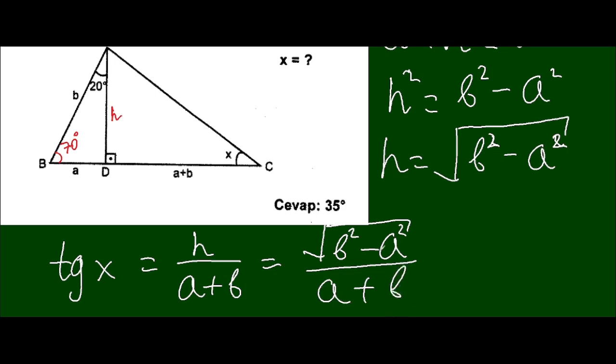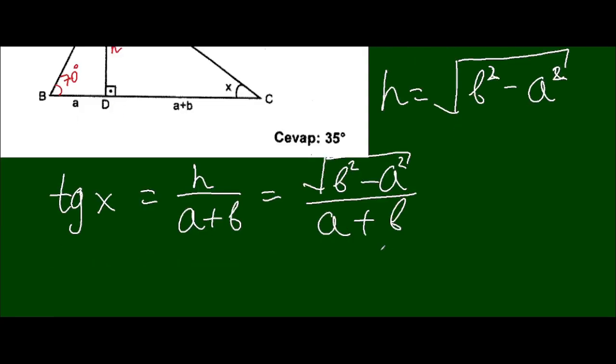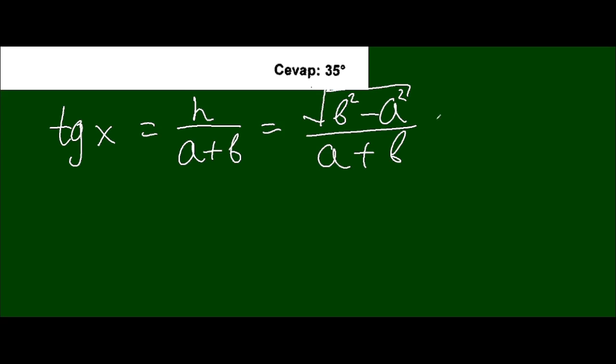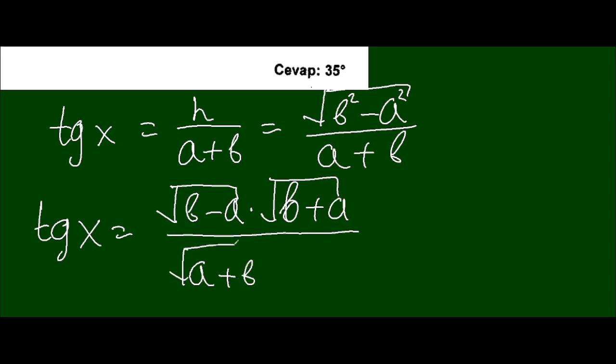And we can cancel something here. Tangent x will equal the square root of b minus a times b plus a. And we know that a plus b equals b plus a. So it is a plus b times a plus b in a square root.